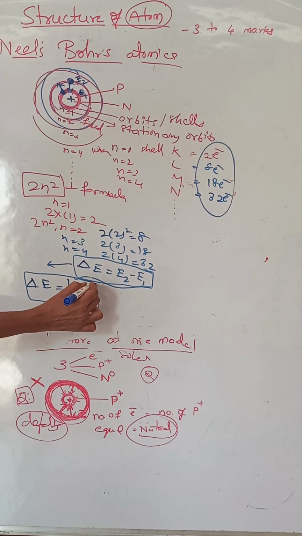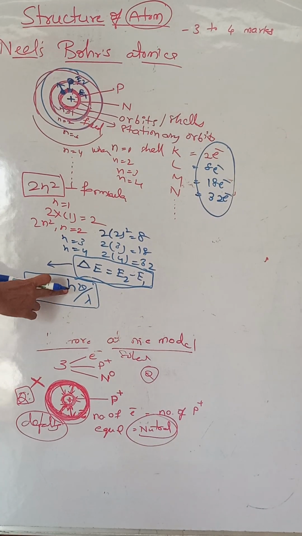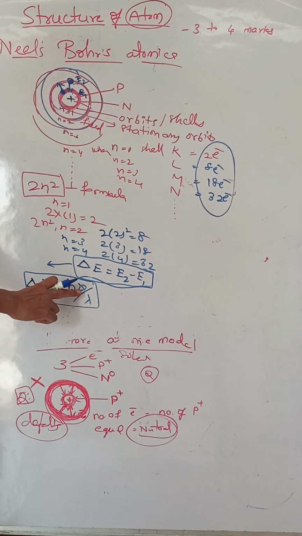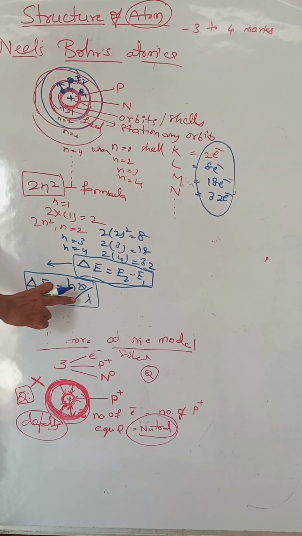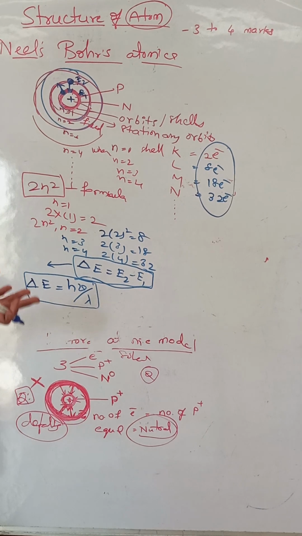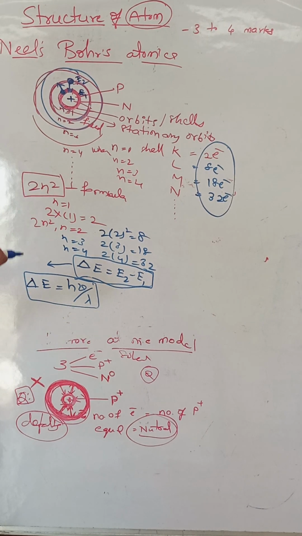That means h is the Planck constant, 6.625 into 10 to the power of minus 34 joule seconds. Mu is the frequency of the light, and lambda is the wavelength of the light. This says how much energy packet is absorbed or lost.